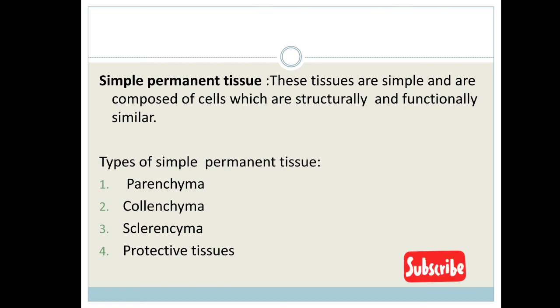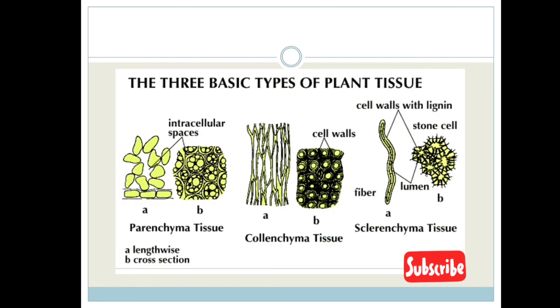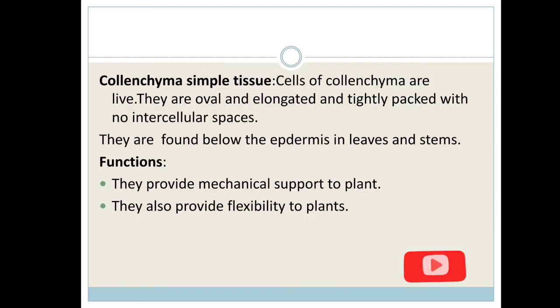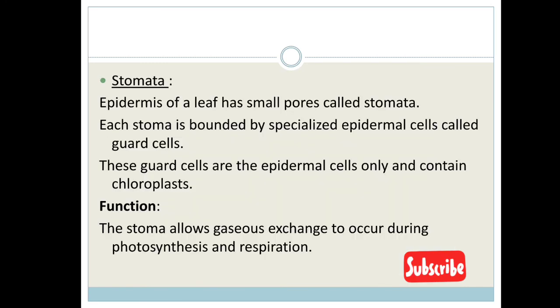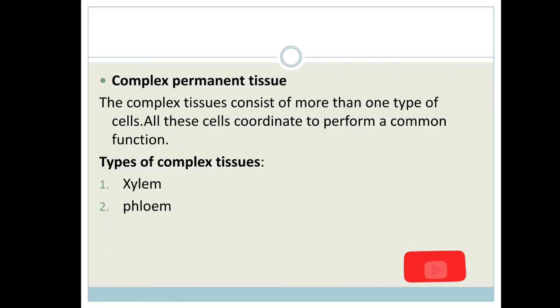The protective tissue is of different types, that is the epidermis, cork, and stoma. Then the last one is the complex permanent tissue, which is of 2 types, that is the xylem and phloem. So this is all about the plant tissue.